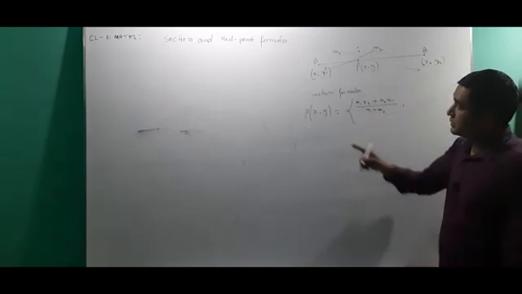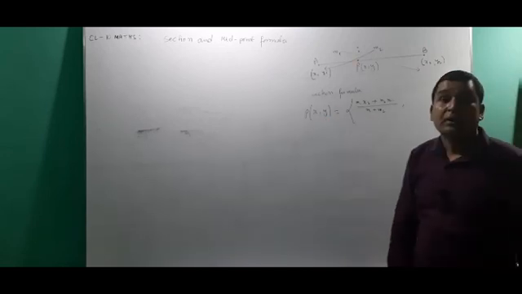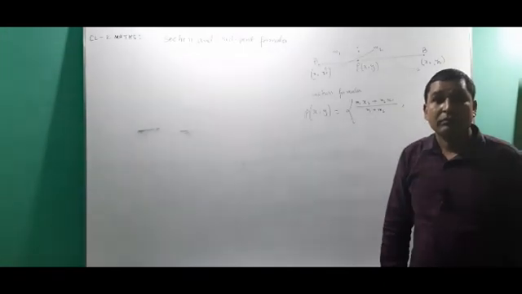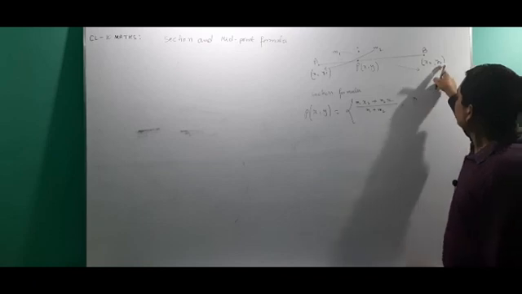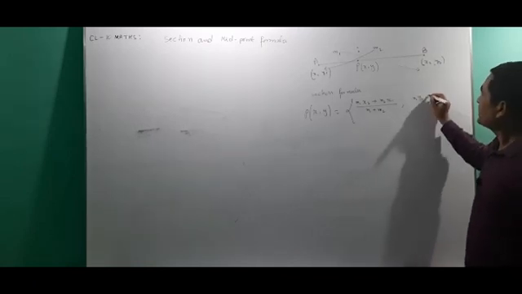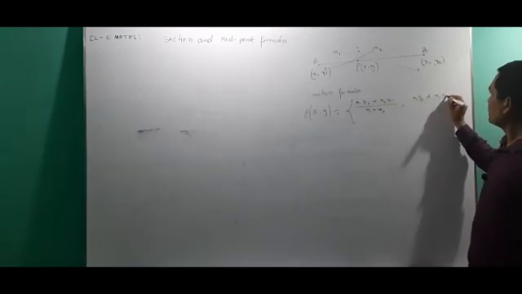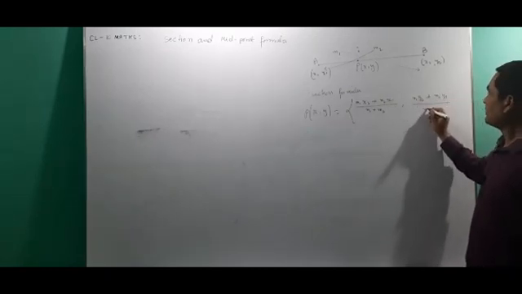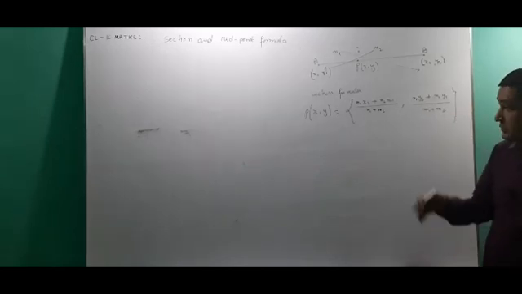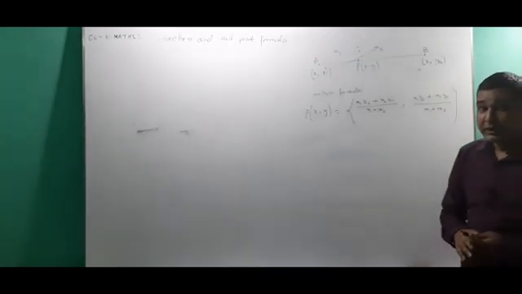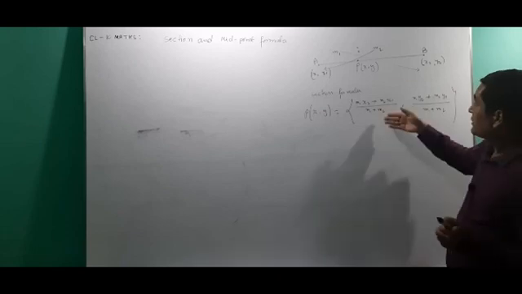Similarly, to get the y coordinate, take the ratio and cross multiply with the y coordinates: m1 y2 plus m2 y1, divided by the sum of the ratio. This is the section formula. It is very easy to get this formula. If you forget, you can get the formula from the figure.